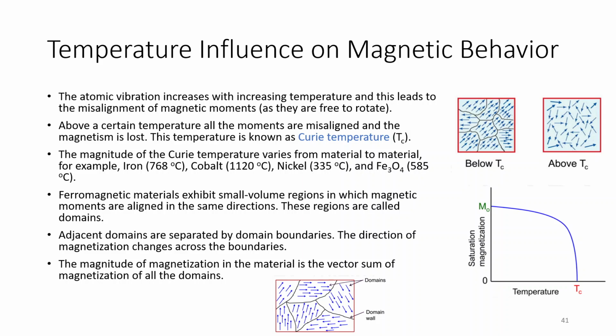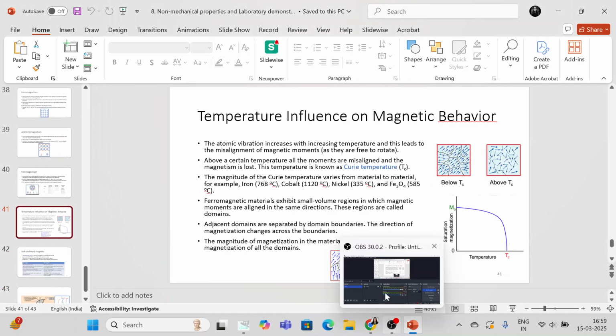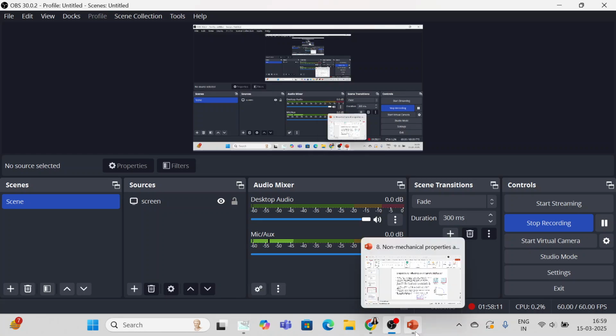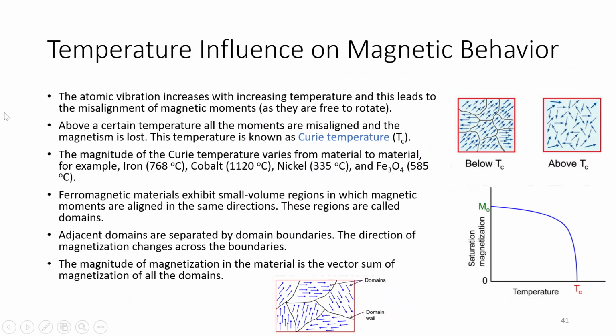Next is temperature influence on magnetic behavior. The atomic vibration increases with increasing temperature and it leads to the misalignment of magnetic moments as they are free to rotate. Above a certain temperature, all the moments are misaligned and the magnetism is lost.